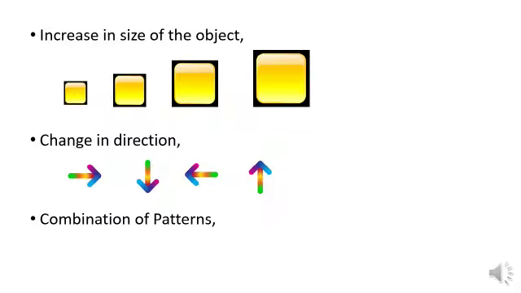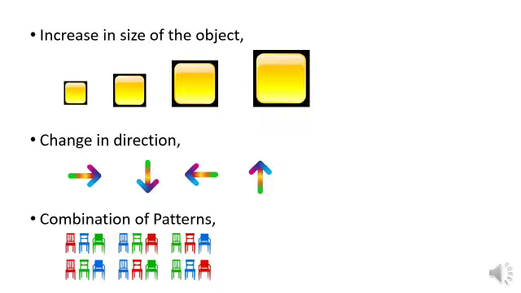The next one, combination of patterns. Now look at this picture carefully. Here there are 3 chairs. In all such cases, here there are 3 chairs only with the same design, but what is changing? You can see the color is changing. Like here we have red, then we have blue, and then we have green.